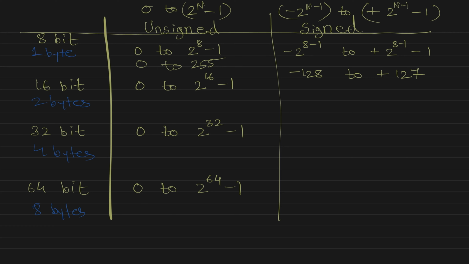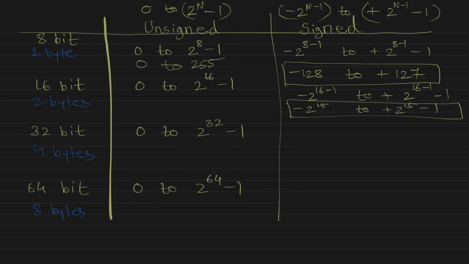Now similarly for 16 bits, if we look, it would be what? Minus 2 raised to 16 minus 1, to plus 2 raised to 16 minus 1 minus 1. That turns out to be minus 2 raised to 15, to plus 2 raised to 15 minus 1. Okay, so this would be the range for a 16-bit or 2-byte integer. And above we saw the range for an 8-bit or 1-byte integer. Similarly for 32 bits, it would be what? Minus 2 raised to 32 minus 1, to plus 2 raised to 32 minus 1 minus 1.